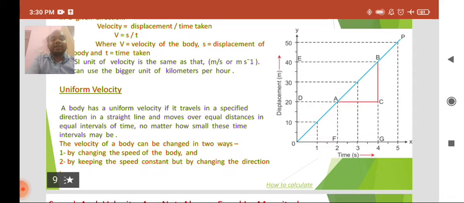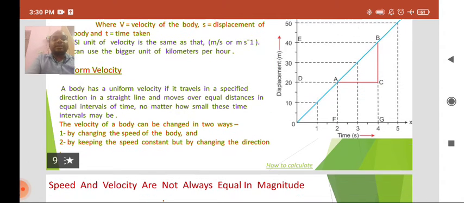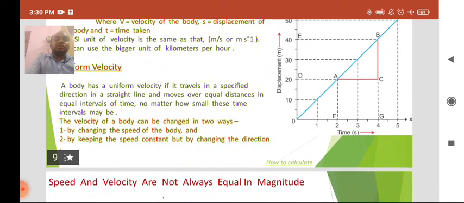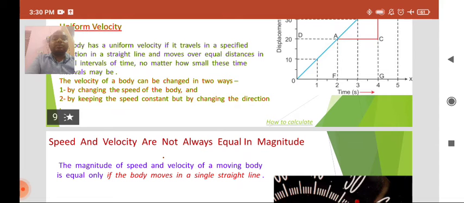In this diagram, the velocity of a body can be changed in two ways. How many ways? The two ways: first, by changing the speed of the body, and second, by keeping the speed constant but changing the direction. So speed and velocity are not always equal in magnitude.